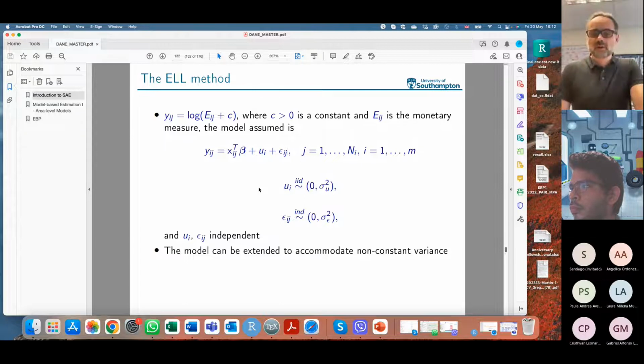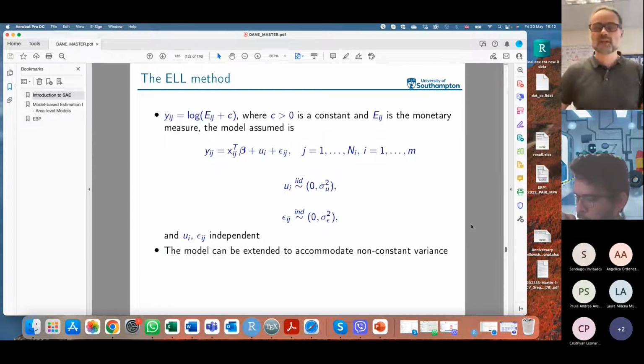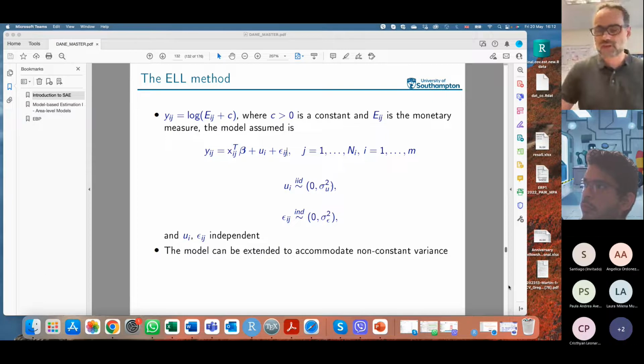Now, the model that we're assuming here basically assumes that the variance components are constant, but you could extend the model effectively to account for heteroscedasticity, non-constant variance, and so on. Okay.